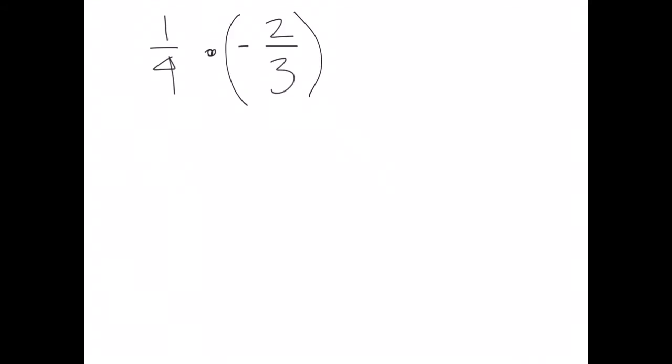So you're going to be multiplying 1/4 times negative 2/3. So you write it out 1/4 times negative 2 over 3. And then that equals 1 times negative 2 over 4 times 3.